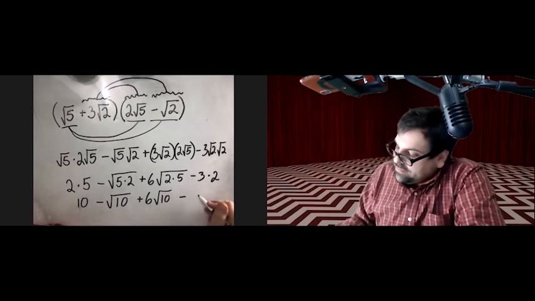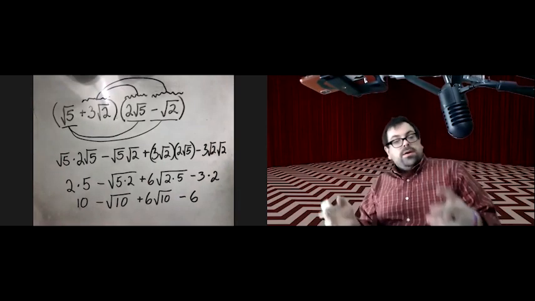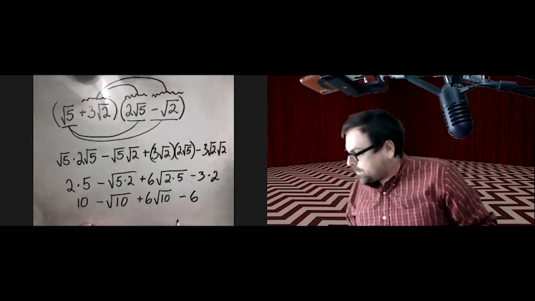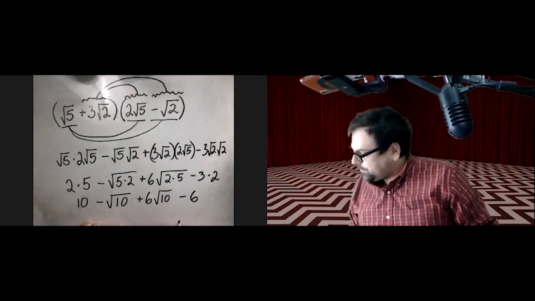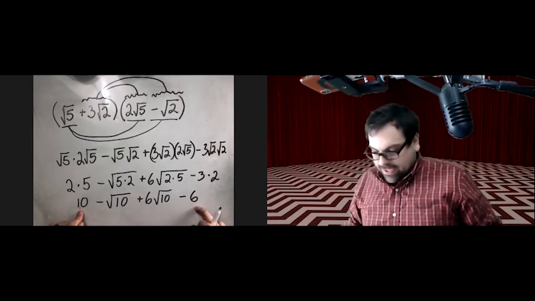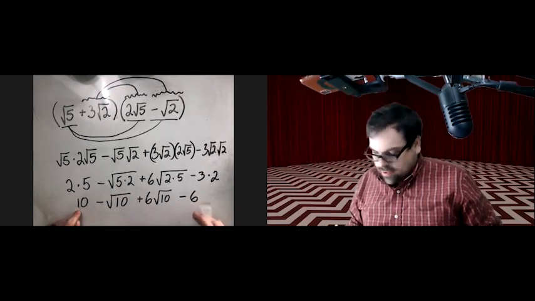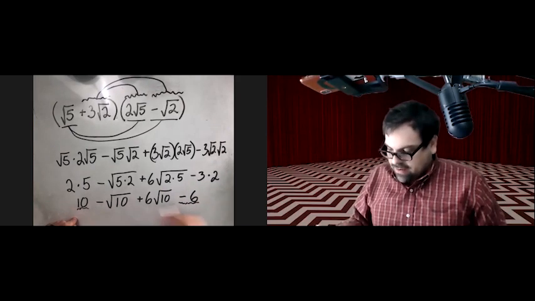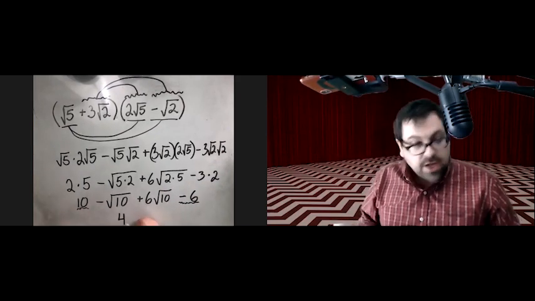So minus 3 times 2 is minus 6. Finishing up simplifying, 10 minus 6, positive 10, negative 6. 10 minus 6 is positive 4.